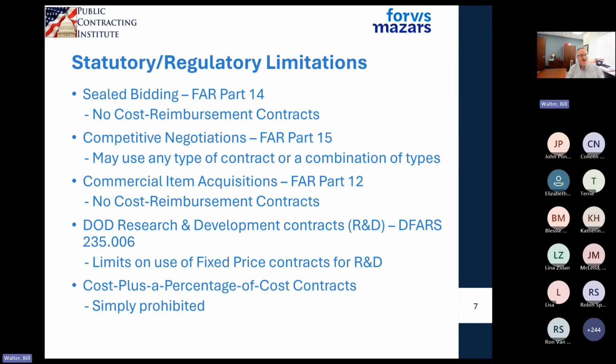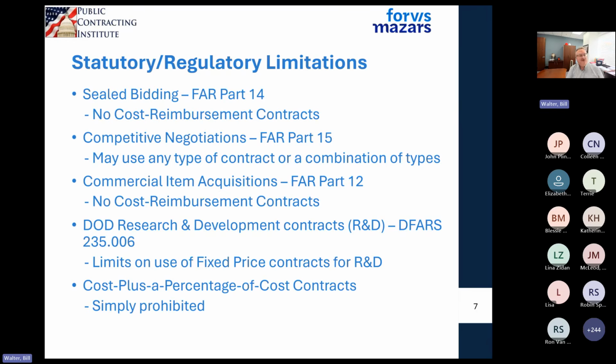Then it got converted to a termination for convenience. And then they were trying to figure out and point fingers at who was responsible for what. 30 years later, lots of attorneys' children went to some of the finest colleges here in the US because they tried to use a fixed price contract for something that was just very broad and it couldn't be tied down, where the appropriate type of contract was more of a cost plus.